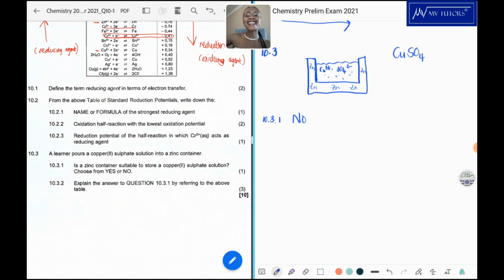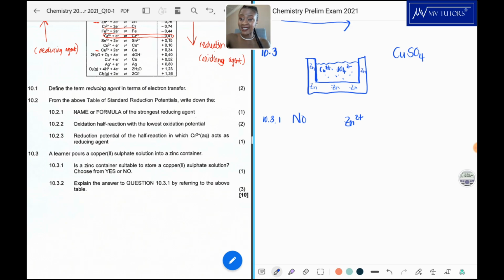Remember, zinc has a higher oxidation potential. It does not mind giving away its electrons, whereas copper has a low oxidation potential compared to zinc. So zinc doesn't mind giving away its electrons, and when it does, it will form zinc ions.